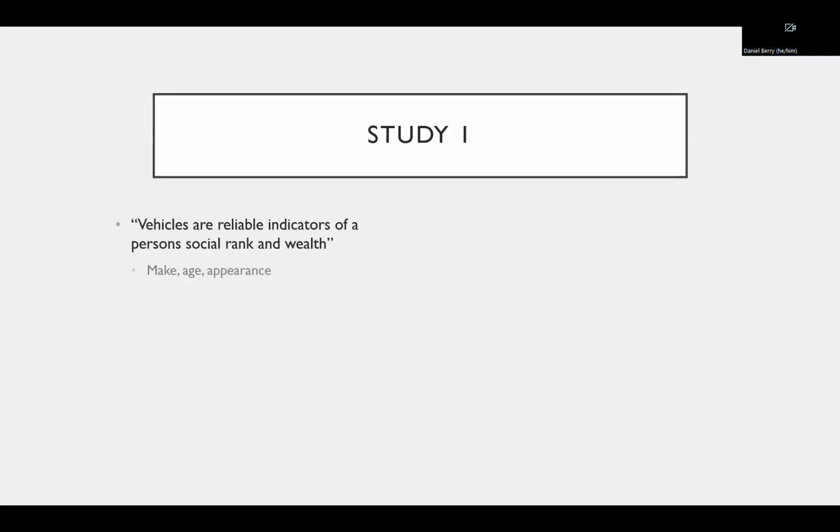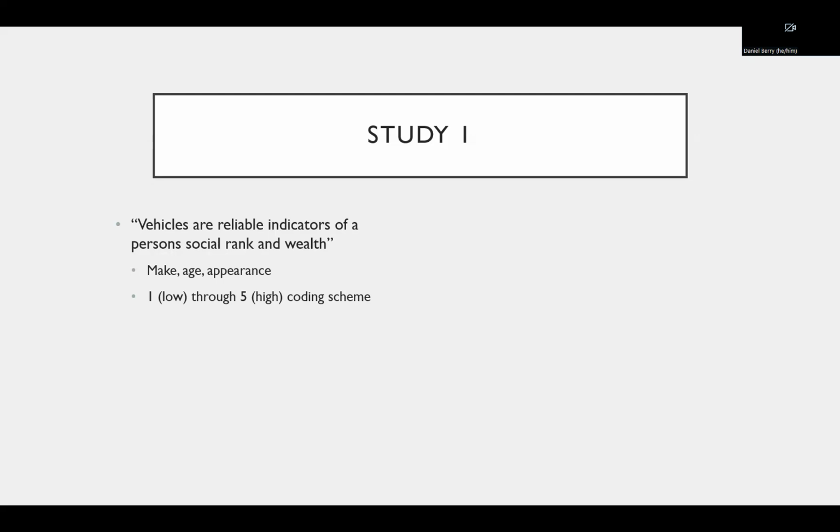So the make, age, and appearance are all part of that conceptual definition. And they had people observing vehicles out in the real world, research assistants in the lab, ranking them on a scale from 1 to 5 on their social class.